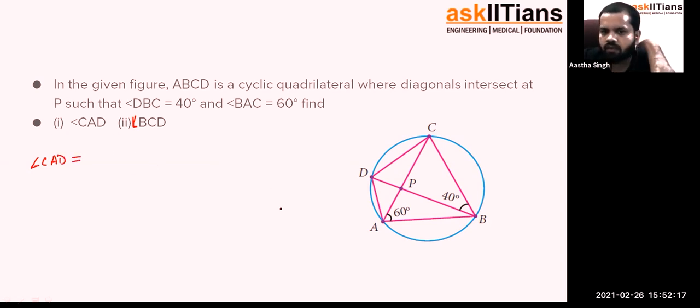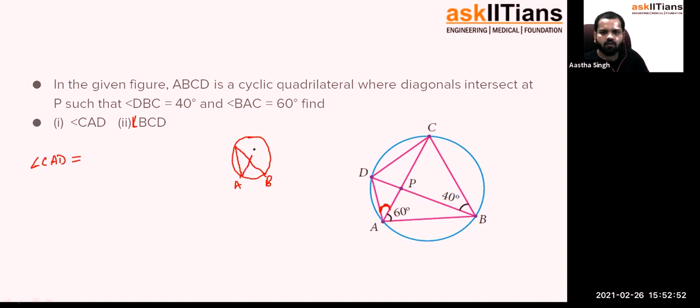So what will be the value of angle CAD, guys? Just tell me what will be the value of angle CAD. CAD is this angle. Let me give you a hint: by the same arc, suppose your arc CD, the angles formed at the circumference are equal.